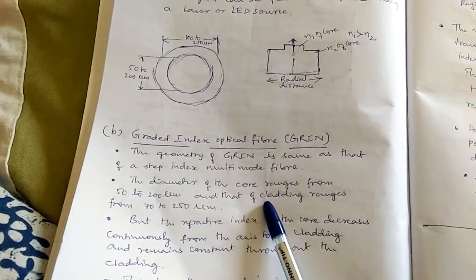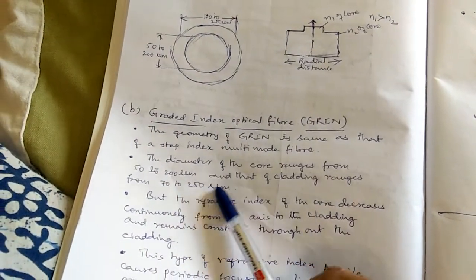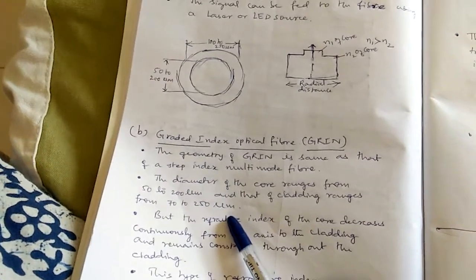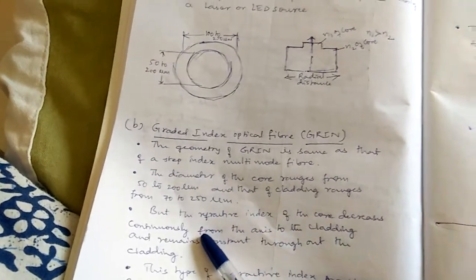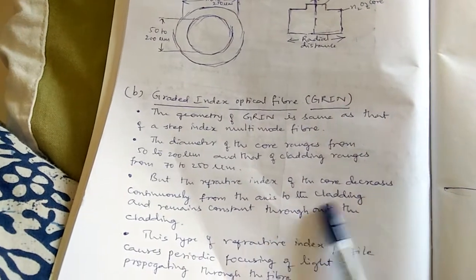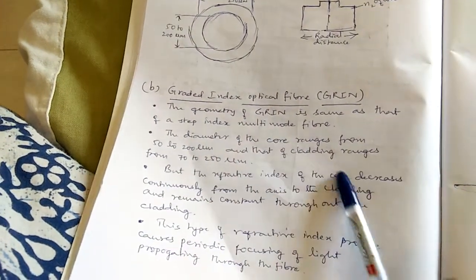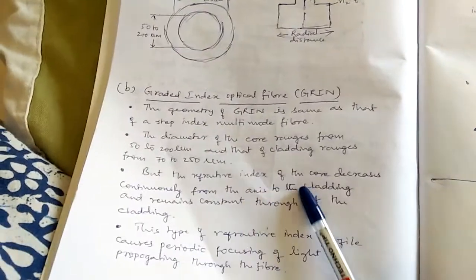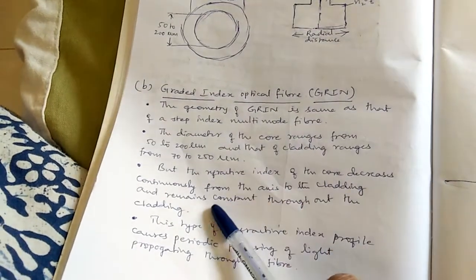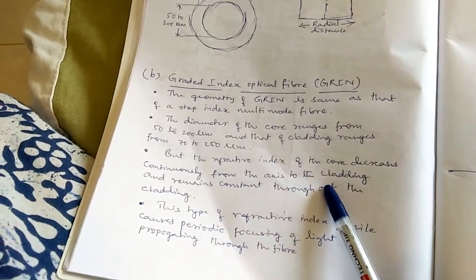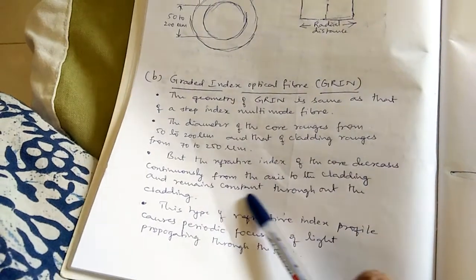The diameter of the core ranges from 50 to 250 here. But the refractive index of the core decreases continuously. This is a very important factor here. The refractive index of the core decreases continuously from the axis to the cladding and remains constant throughout the cladding.